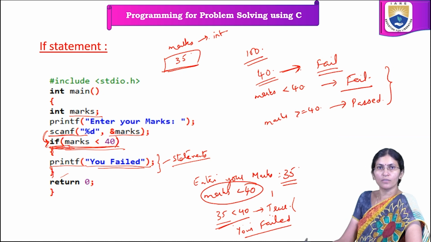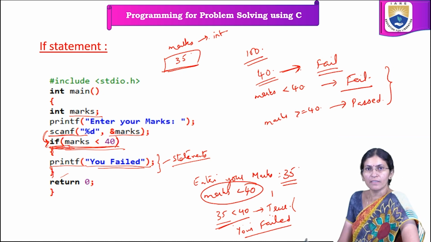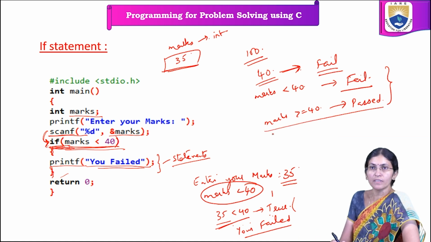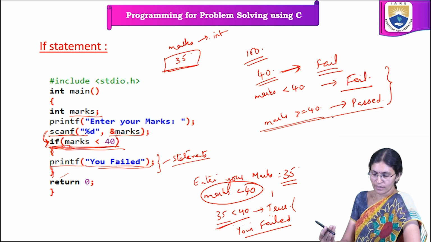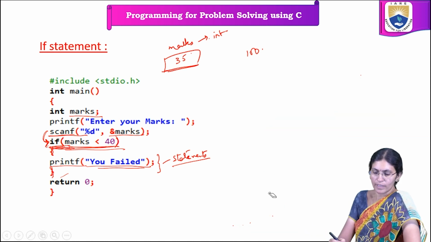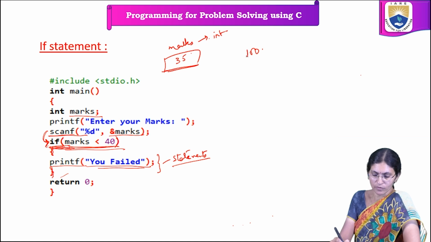So we can write another program where we can check this condition. If suppose the student wants to know whether he has passed or not, we can specify that with another condition. So let us see one more program. Same program, we'll make a small change here.